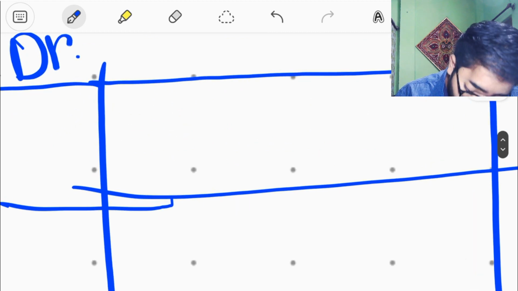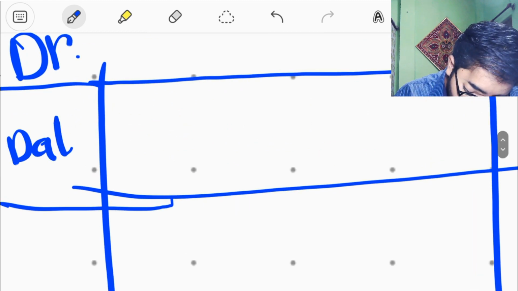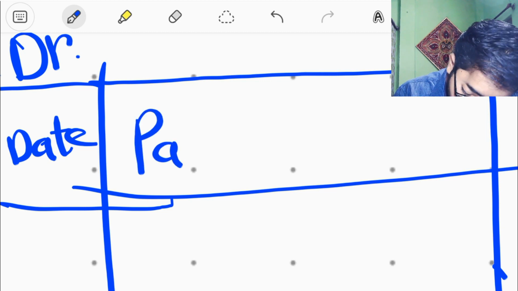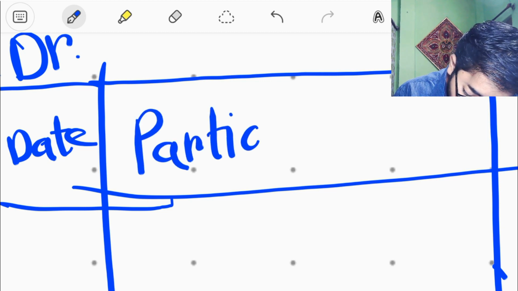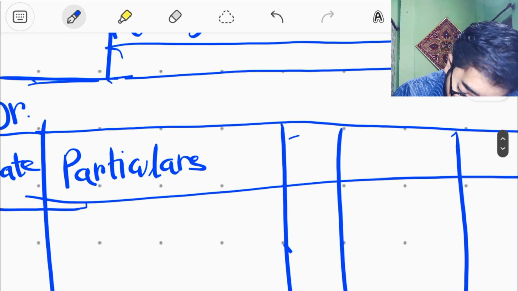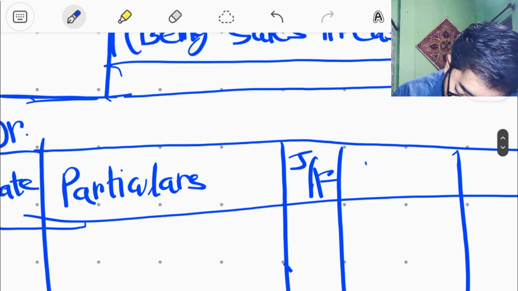Our first column, date, second column, particulars, third column, journal folio, and last column, amount rupees.